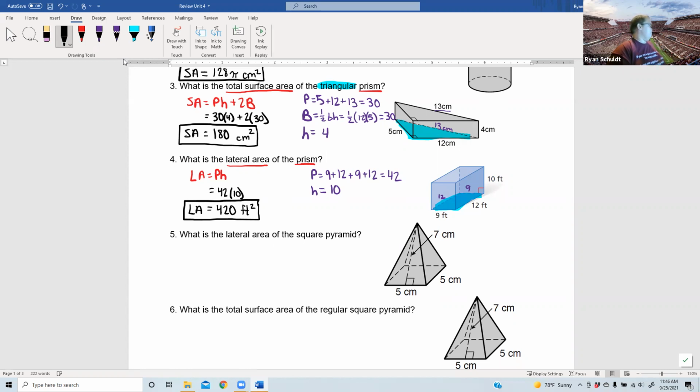Okay, so then we're moving on to pyramids. They ask for the lateral area of a pyramid. Our formula for that would be LA equals 1/2 the perimeter of the base times your slant height.